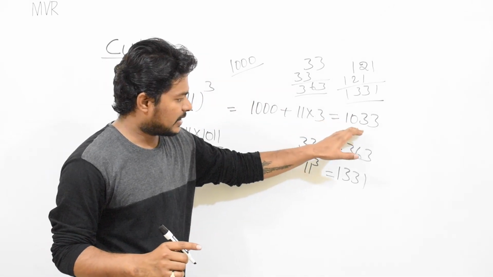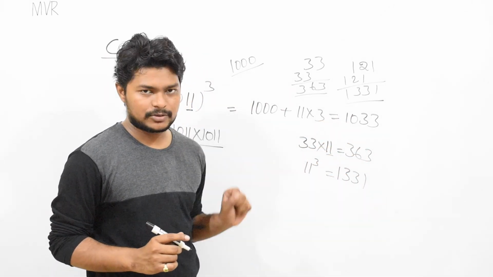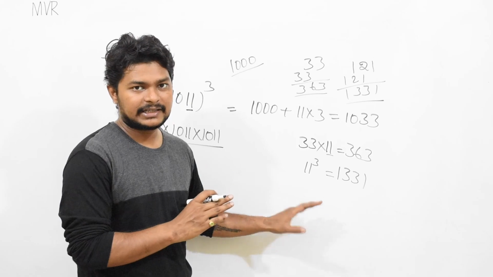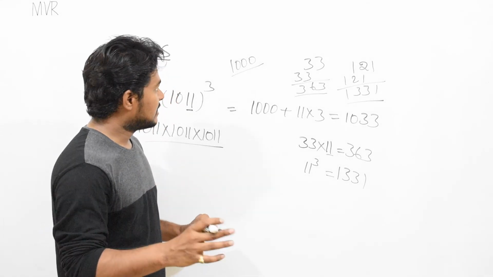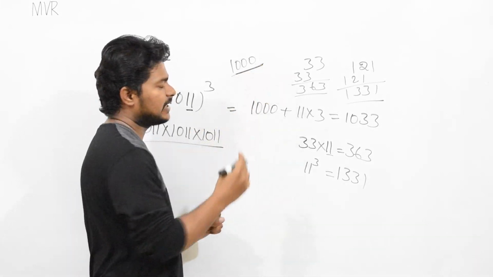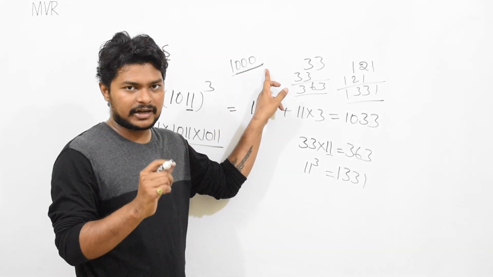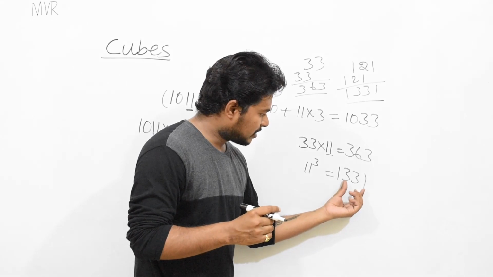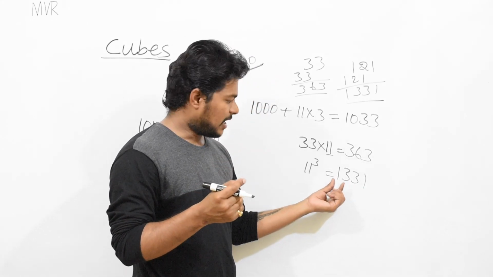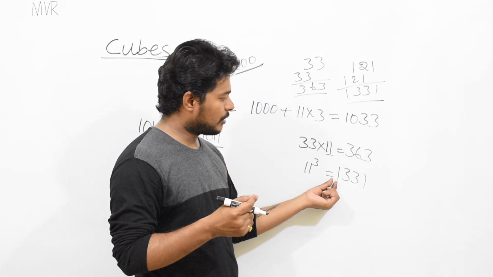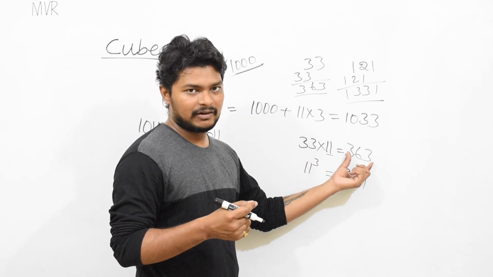Now we have got the first part, middle part and the last part. Now we need to club the parts and write the answer. How to club it: since the base is 1000, it has 3 zeros. That is 10 power 3 equal to 1000, right? So we need to consider 3 digits from the last part and the remaining 1 digit you need to give as carry to the next, middle one. Okay.